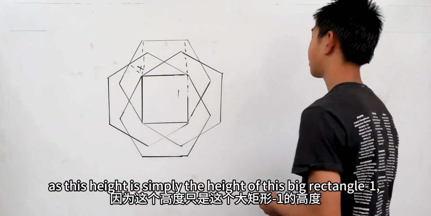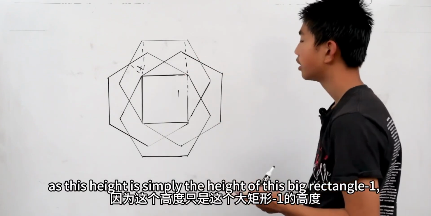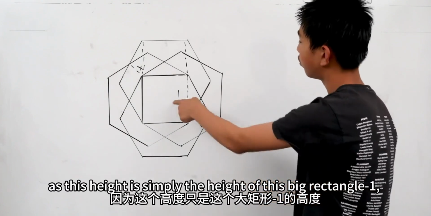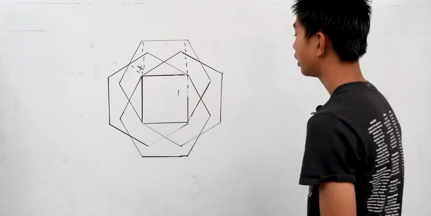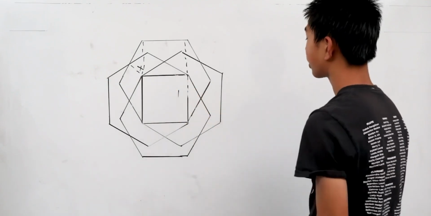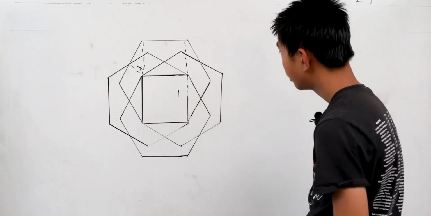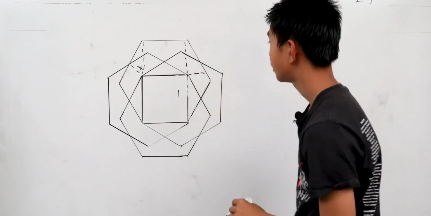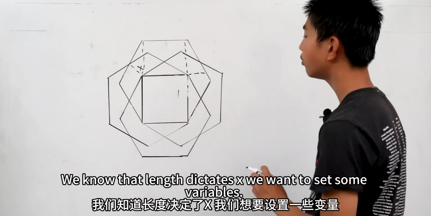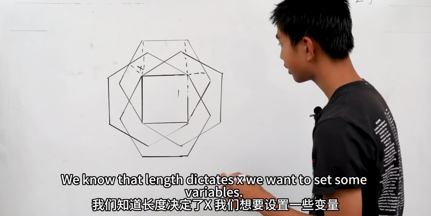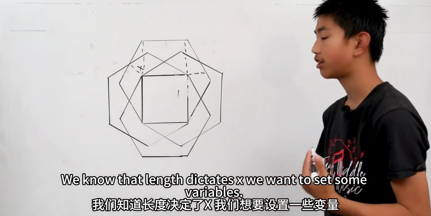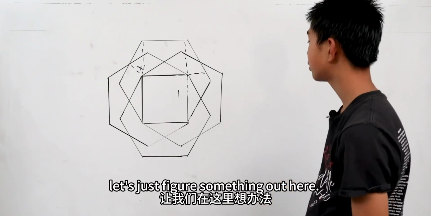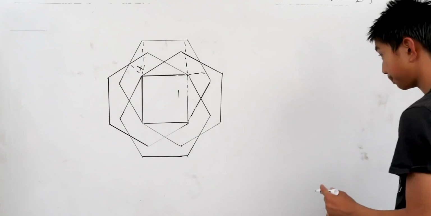As this height is simply the height of this big rectangle minus 1, which is the height of the square, and then we know that this length is 1, and there's 4 of them on each side. The real problem is these triangles. We know that that length dictates x, so we want to set some variables, but first let's figure something out here.